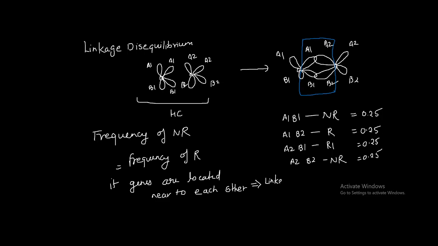And when they are linked genes, it means there won't be any recombination, or you can say very little chance of recombination, depending on the distance between the genes.